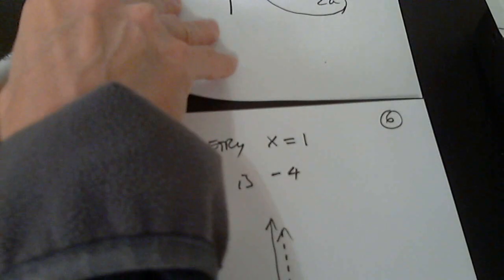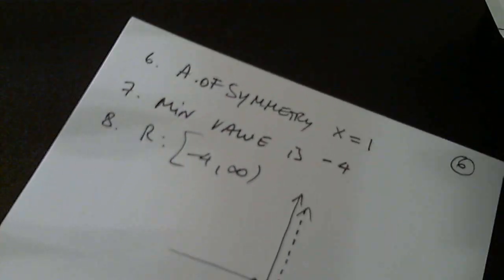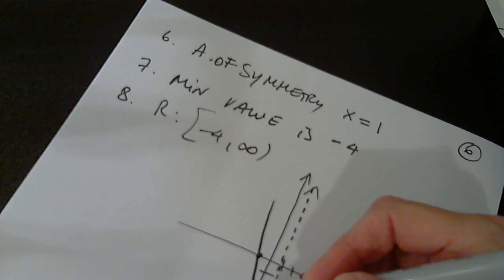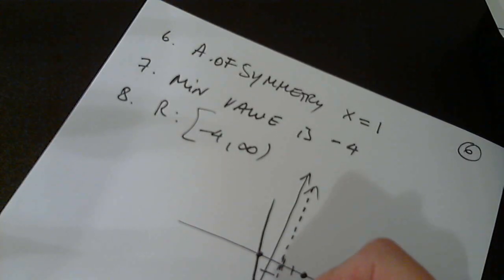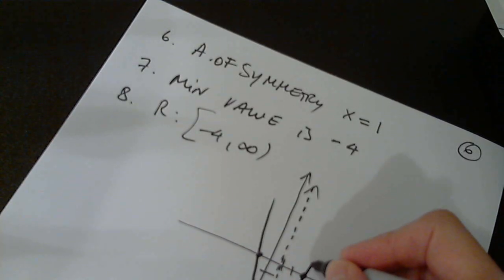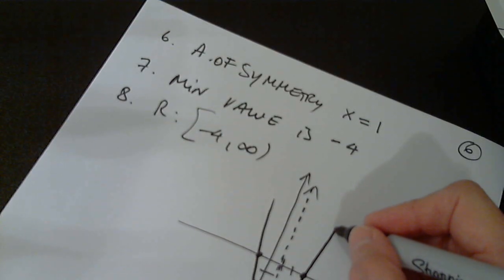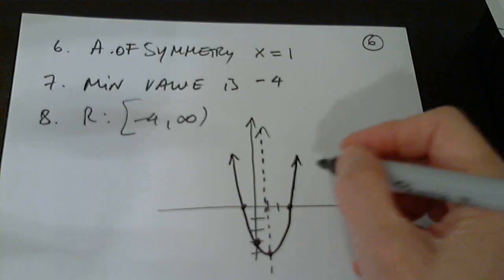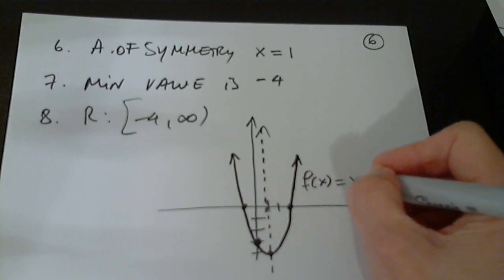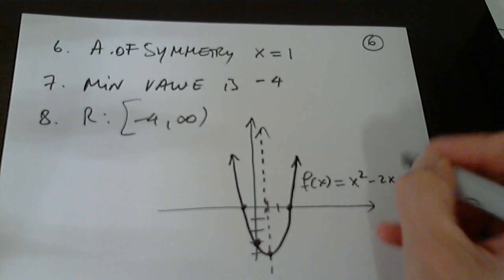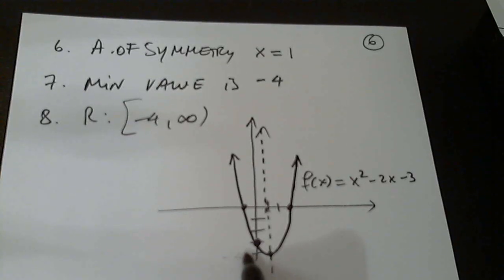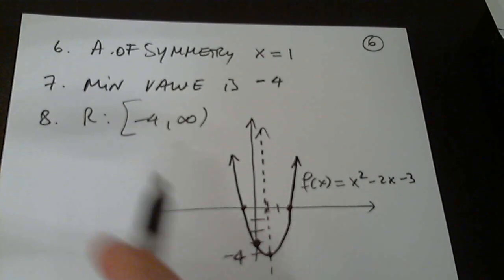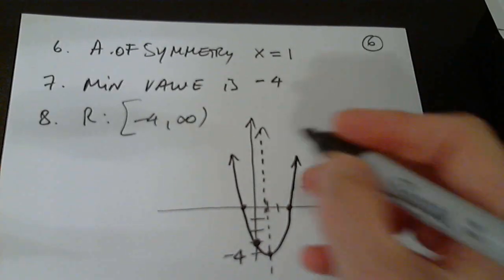And I'm done. Not too acute at the vertex, and try to keep it in shape. And this is f of x equals x squared minus 2x minus 3. And this is -4. So obviously the range is from -4 to infinity as expected.